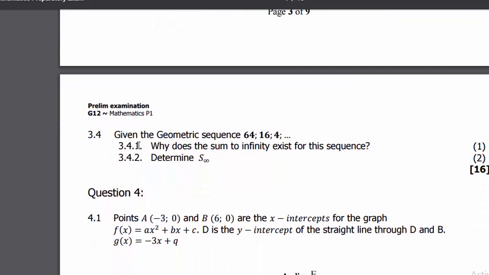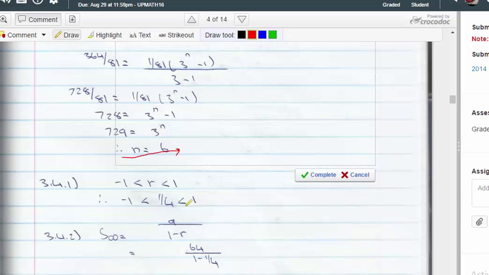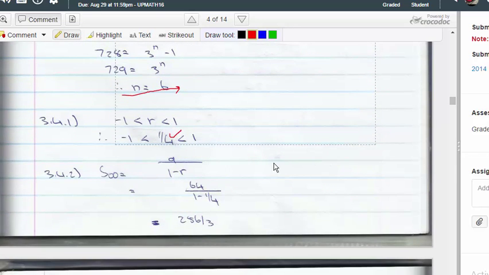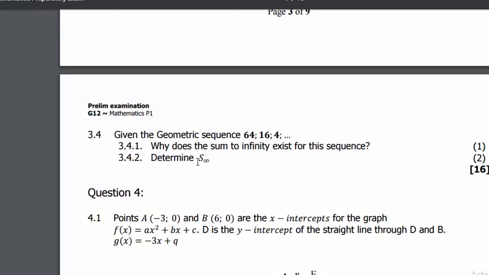Here, why does the sum to infinity exist for this sequence? Very good answer. He says it will exist if r is bigger than negative 1 and smaller than 1, and he shows that the constant ratio is 1 over 4, which is in that category. Then determine the sum to infinity.